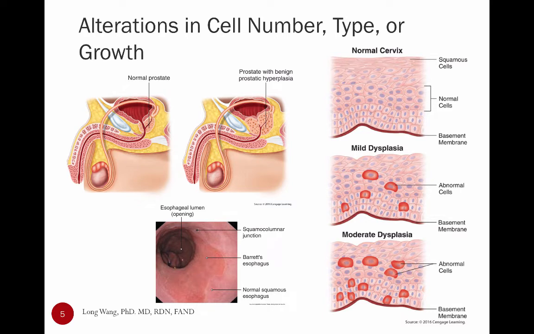Cells can also change in the numbers, types, or the way they grow. For example, we already studied hyperplasia when we talked about the obesity lecture. So here in the male prostate, we can see what will happen.